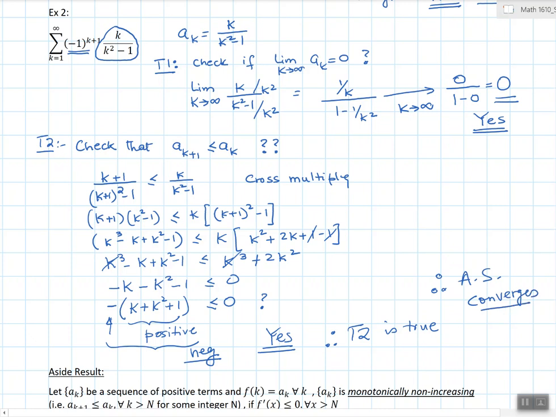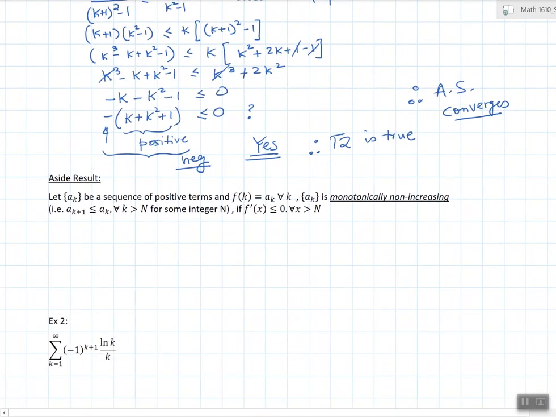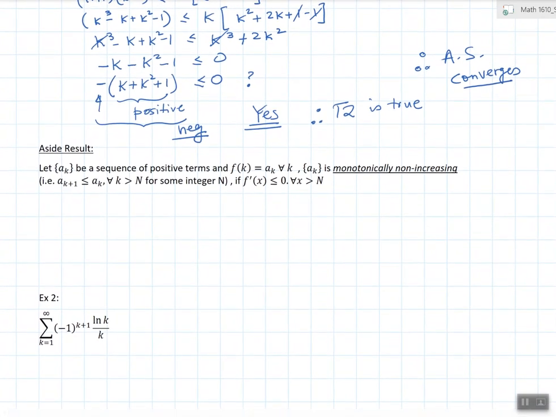But you notice that this was quite a bit of algebra and time involved. So we have a very nice result which makes it much faster and easier. So let me explain what this result is. Let a_k be a sequence of positive terms, and let f(k) equal a_k for all k. So f is like our generating function that we had earlier, when we were studying sequences.